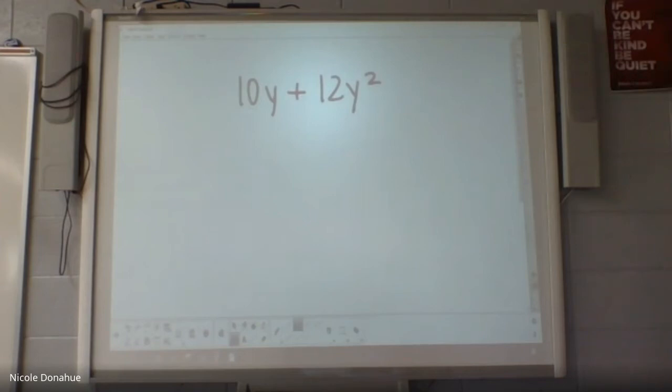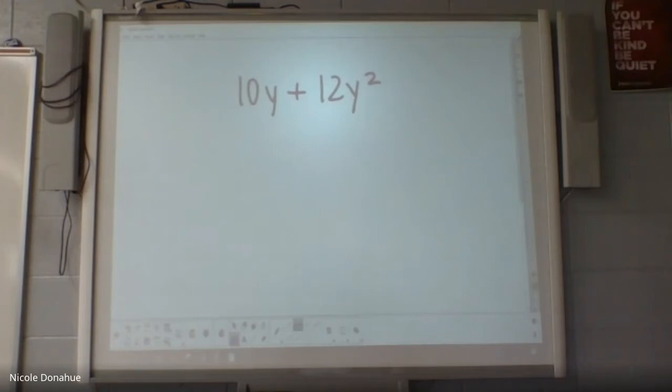Yeah, so you want to put parentheses around those. They're not perfect squares. So you try to find out what's common among them.